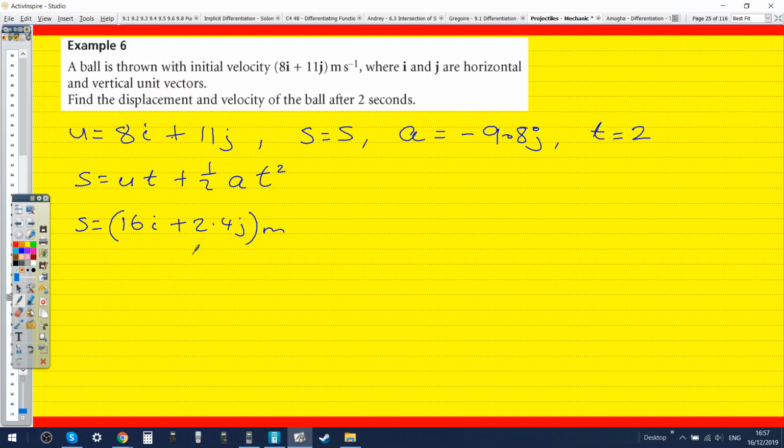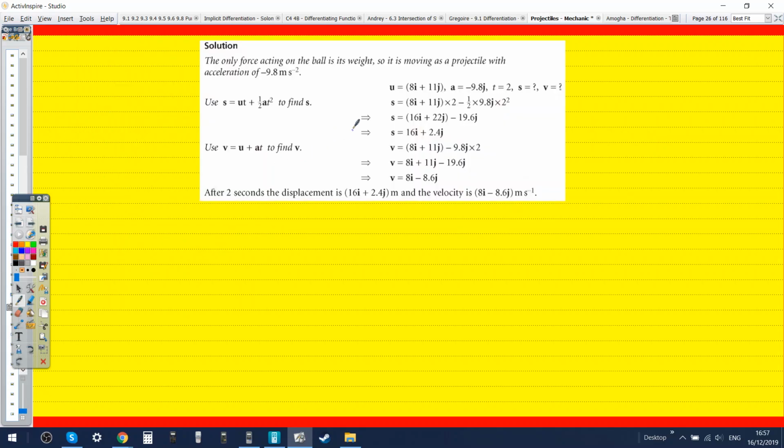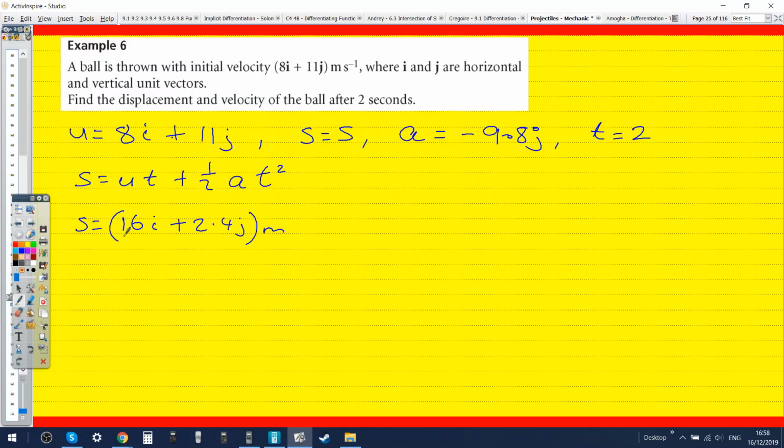Would we have to do a triangle? Yeah, you would just do Pythagoras for that. But they didn't ask for it. So S equals 16i plus 2.4j. And then velocity is something similar. V is equal to u plus at, and you would just sub them in again. Okay. Any questions there? No.